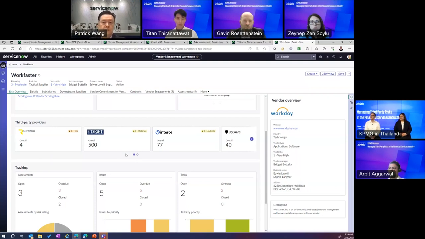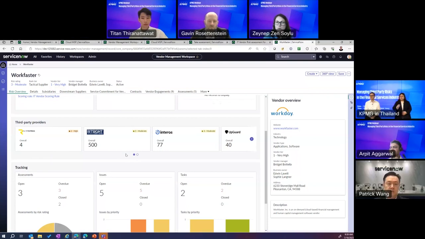Arpit, maybe I would like to add more to that. The integration capability is not just on vendor risk management, but is also something the ServiceNow platform can provide to many different areas. As we discussed in the earlier discussions, we are aggregating all that data and creating a common services data model.